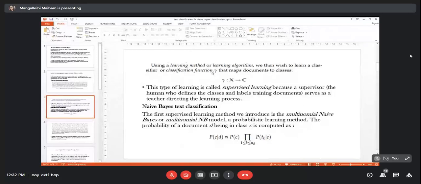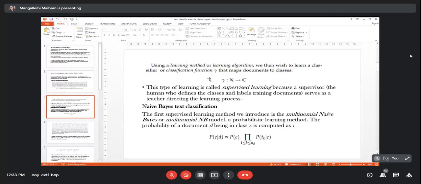Then our classification function is defined here, gamma, that maps documents to classes. Using a learning method or learning algorithm, we wish to learn a classifier or a classification function.